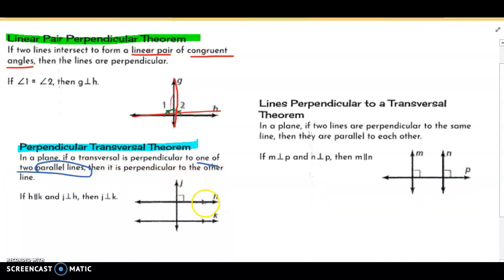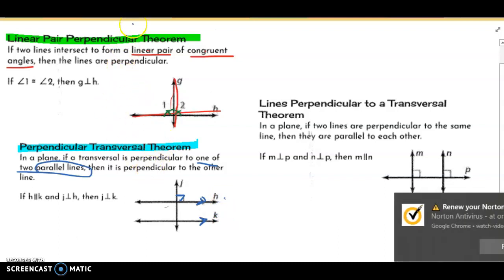Okay, so in other words, if we look at this diagram, we know that H and K are parallel. Okay, that's what those two arrows right there means. And we also know that J is perpendicular to H. Well, if J is perpendicular to H and lines H and K are parallel, then that means that J has to be perpendicular to K as well.